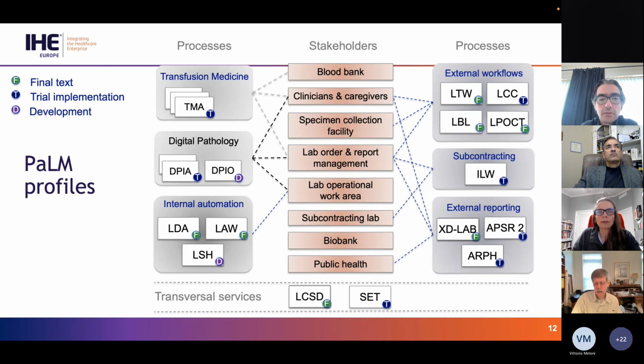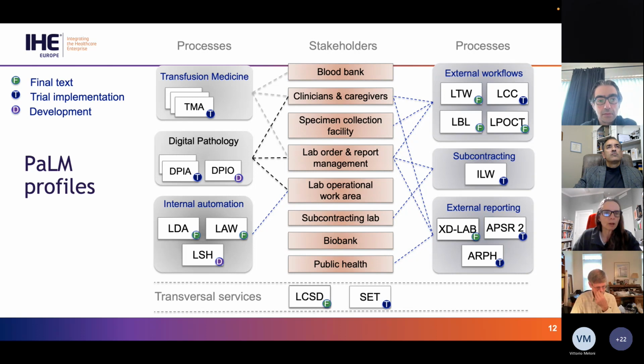We have a digital pathology portfolio where we're working on trying to take the processes that we have defined for the clinical laboratory domain and apply them to the digital pathology realm. And Dr. Dash is going to talk more about that. We currently have 2 profiles available there.